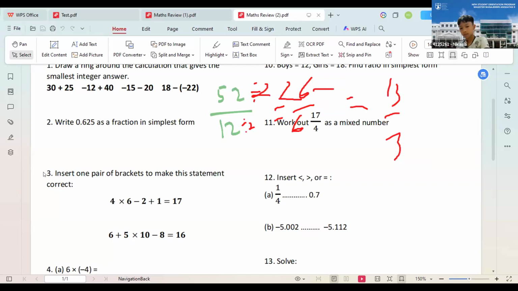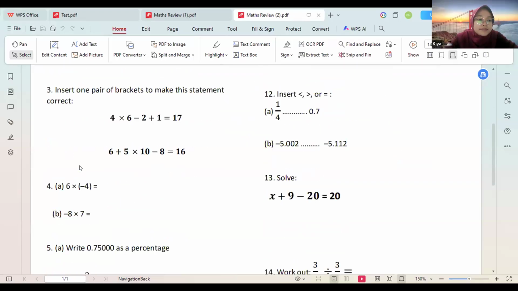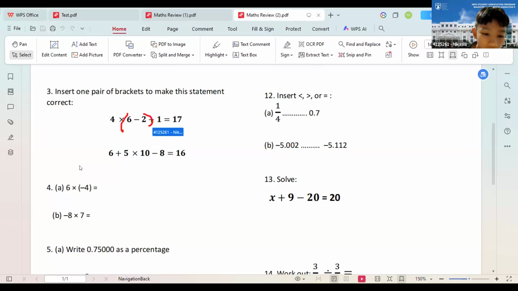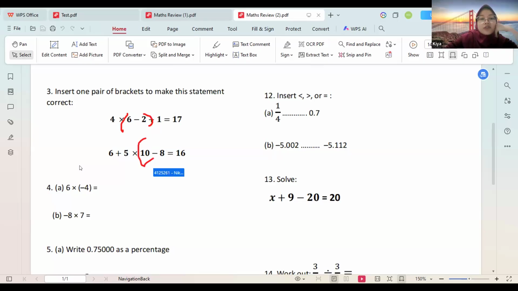Okay, and then how about number two? The number three. Please check this first. 12. I think you need to recheck this. Not there, the bracket.